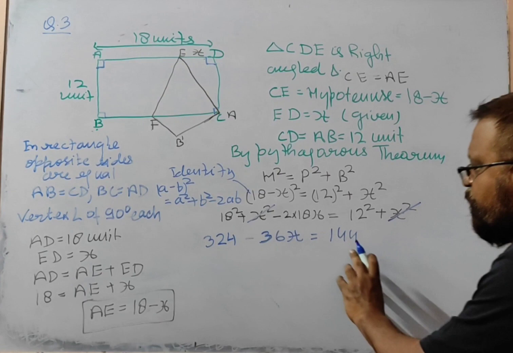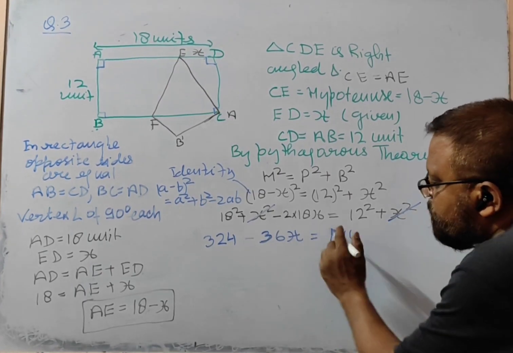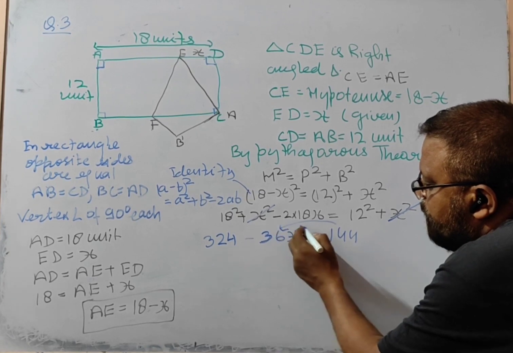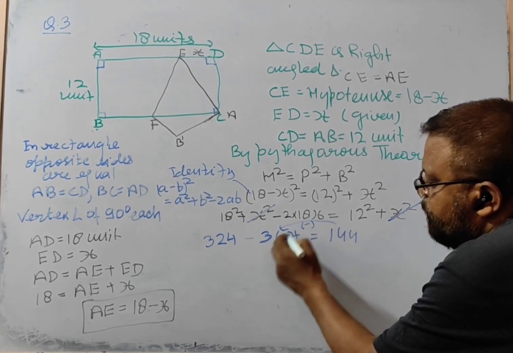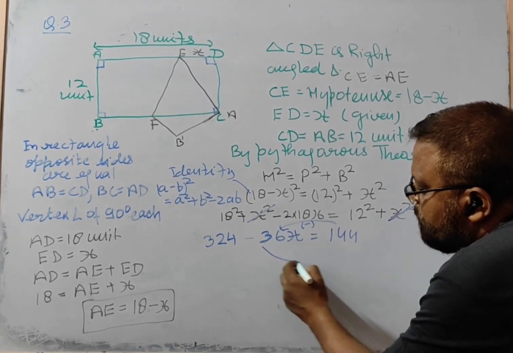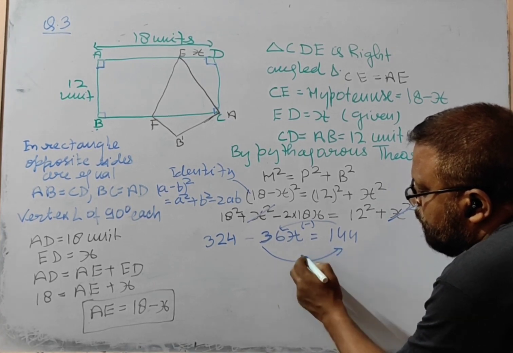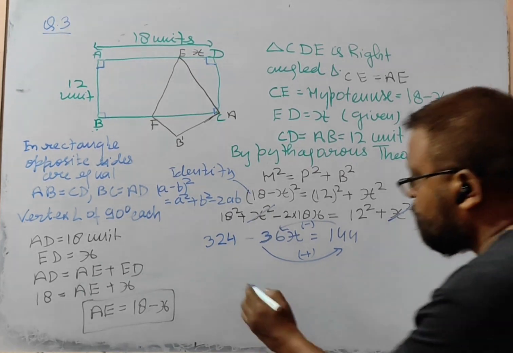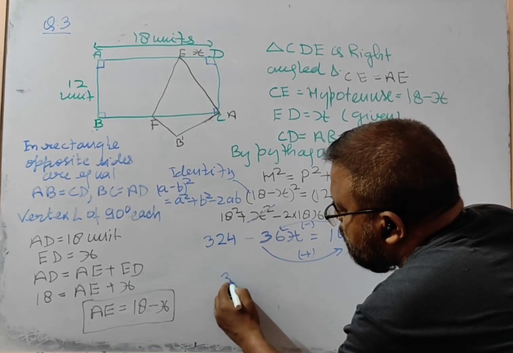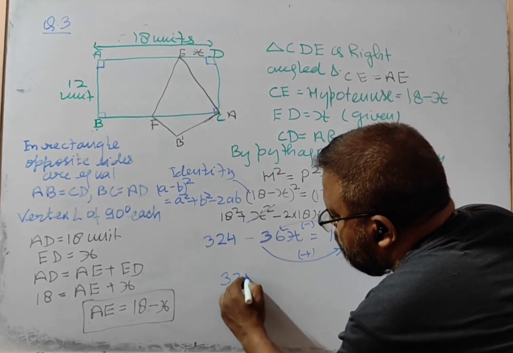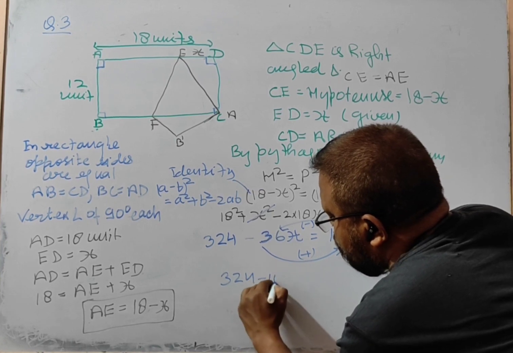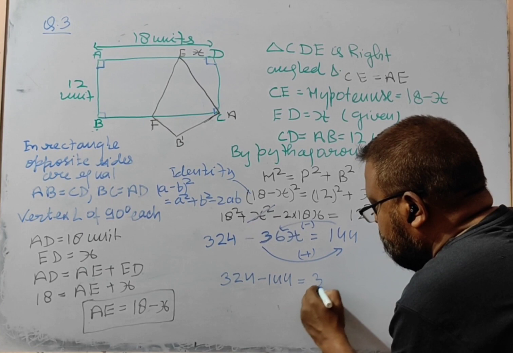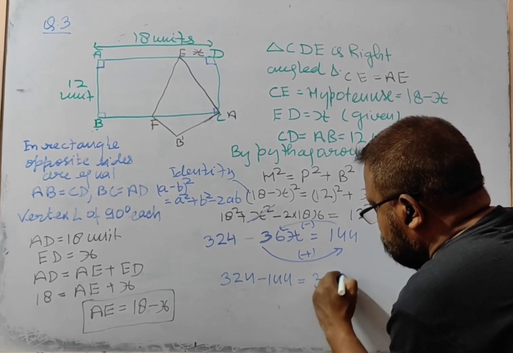So now we bring this 144 to this side of the equal sign. It turns to be minus, and we bring this minus 36x to this side of the equal sign. It turns to be plus, right? So we can write 324 minus 144 is equal to 36x.